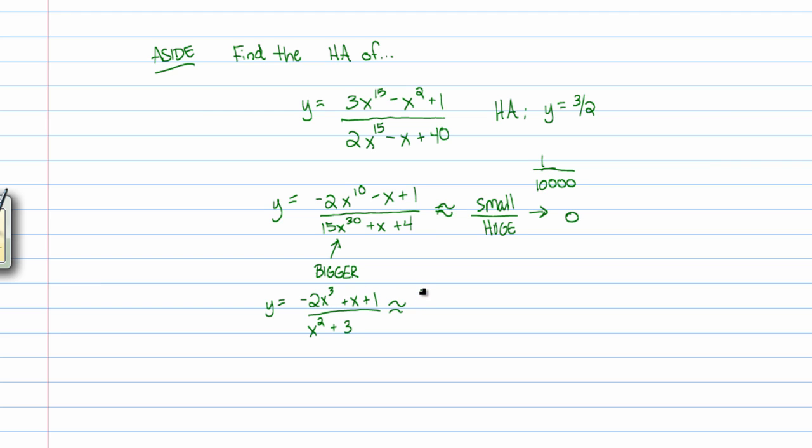So this is going to be like some huge number upstairs and a very small number, not too small, but somewhat small, downstairs. This does not mean that there's not an asymptote. It means that we might have what's called a slant asymptote. And if that's the case, then you need long division.